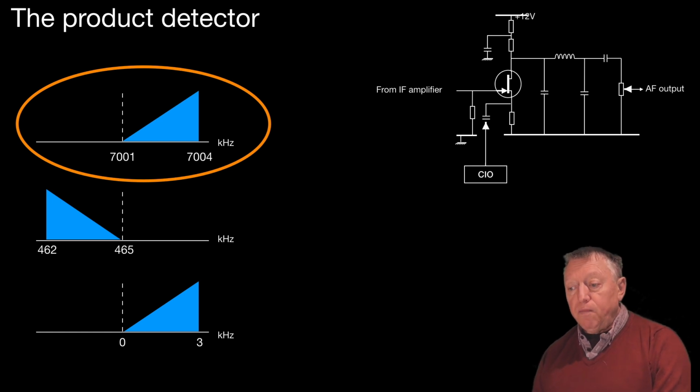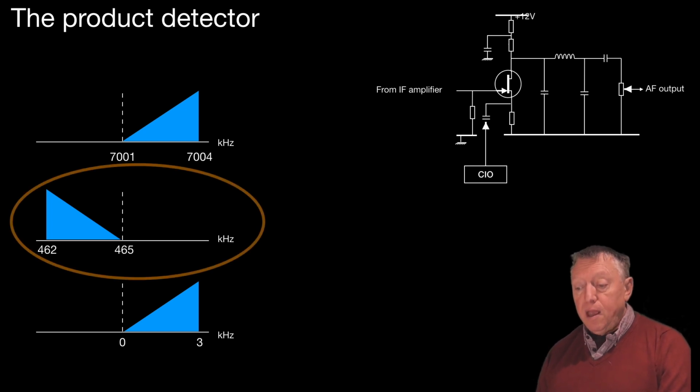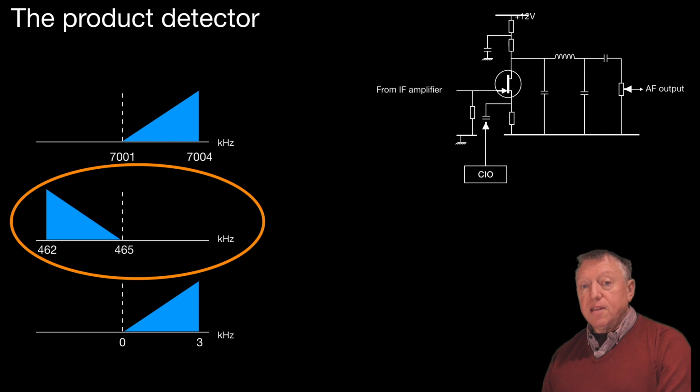In our example, this was translated by a local oscillator that was tracking above the signal, and that produced this sideband arrangement at IF, an inverted sideband centered on 465 kilohertz. And that went through the product detector.